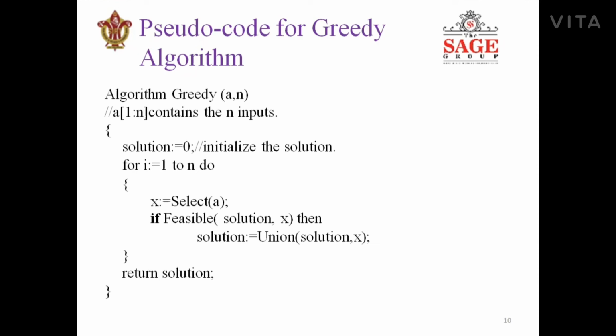So if this value is true, it means the x item satisfies all the constraints to generate the feasible solution of that problem, then we will include that x value in the solution by the union function, and the solution set will have the value of x. Okay, so like this, we will run the algorithm in the greedy technique.